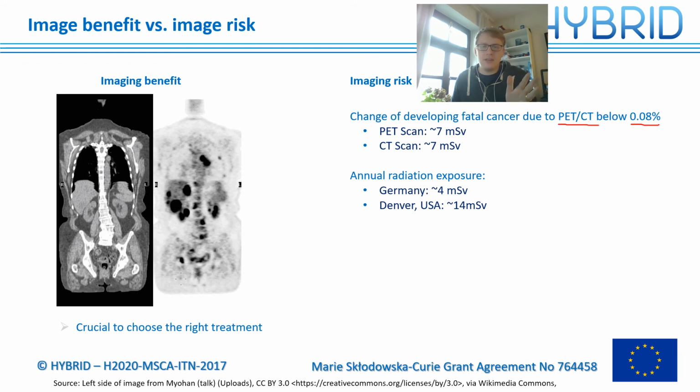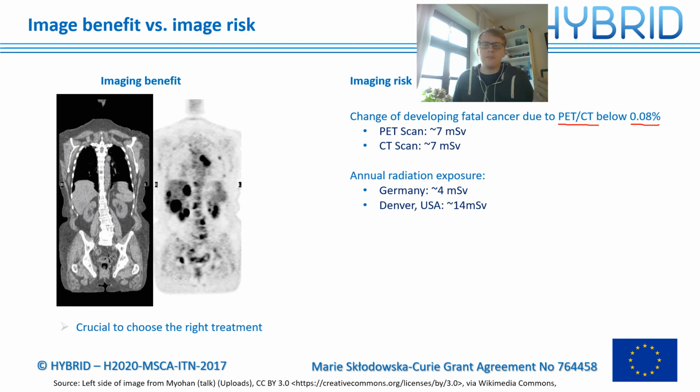So in Germany, the annual radiation exposure is something like 4 millisievert. There's 2 millisievert natural radiation and 2 from artificial sources, medicine, for example. And in some other places, for example, in Denver, there's a high natural radiation.